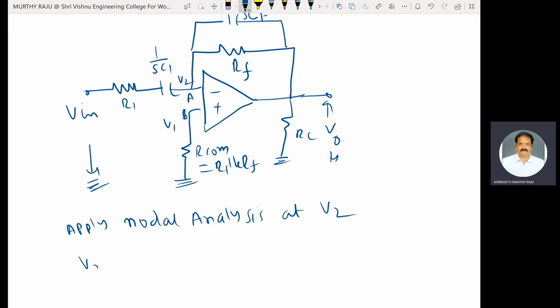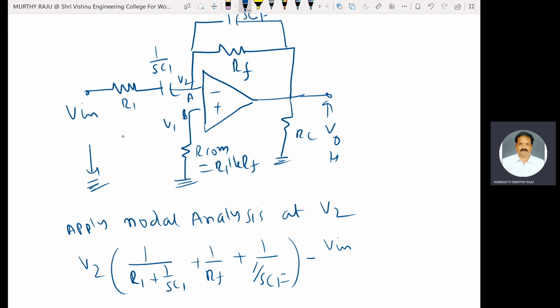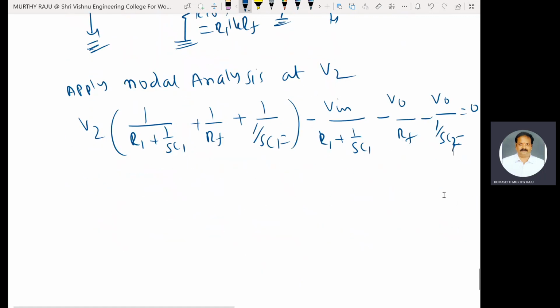V2 into the admittances connected, 1 by R1 plus 1 by SC1 plus 1 by RF plus 1 by SCF, minus the adjacent node voltages: V in by R1 plus 1 by SC1, minus V0 by RF, minus V0 by 1 by SCF. This is the total equation.